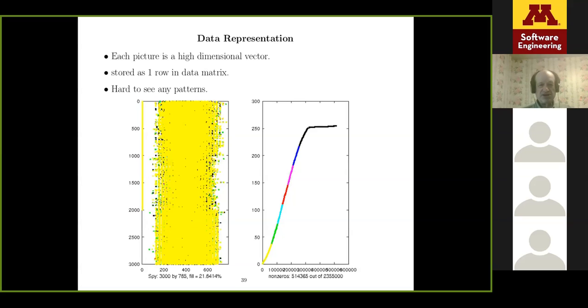If you actually look at the data, this is a color diagram of this matrix of input data. Each row represents a new sample. Each row is, I think in this data, 784 elements long, because that's how many pixels you have in an image.